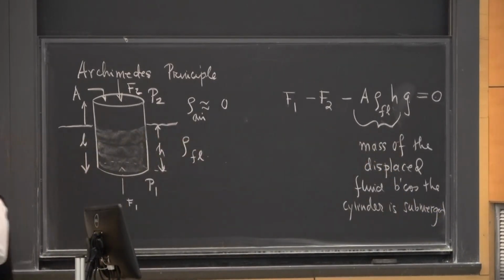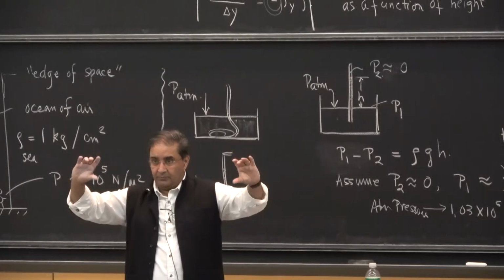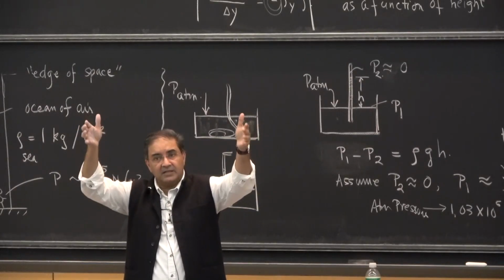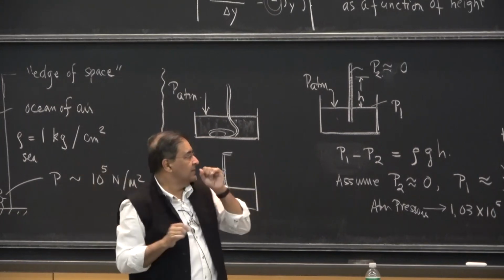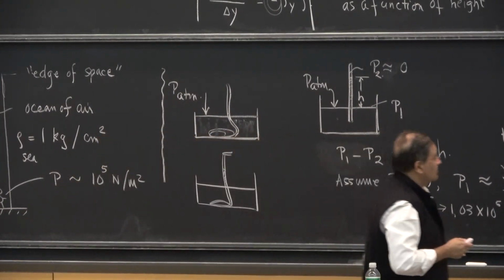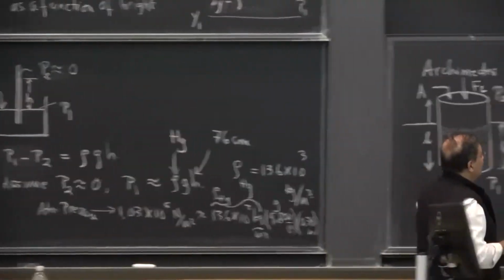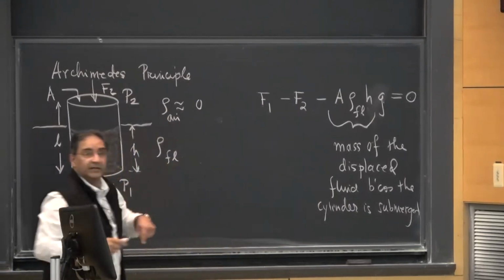But this is the idea of Archimedes' principle. In other words, when a ship is floating on water, it displaces fluid. The amount of the ship that's underwater is tied to the displaced fluid. So that is the weight that counts. Therefore, F1 minus F2 is actually equal to this point here. But this is the basic idea of Archimedes' principle.